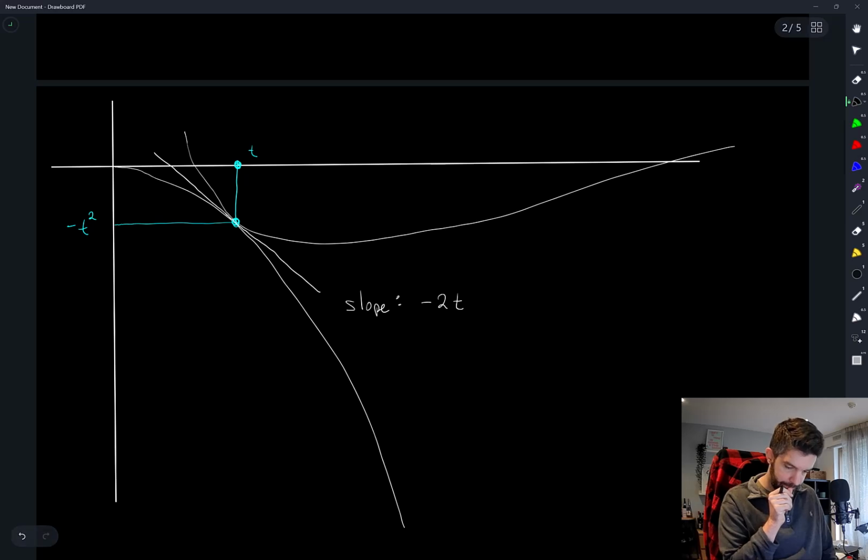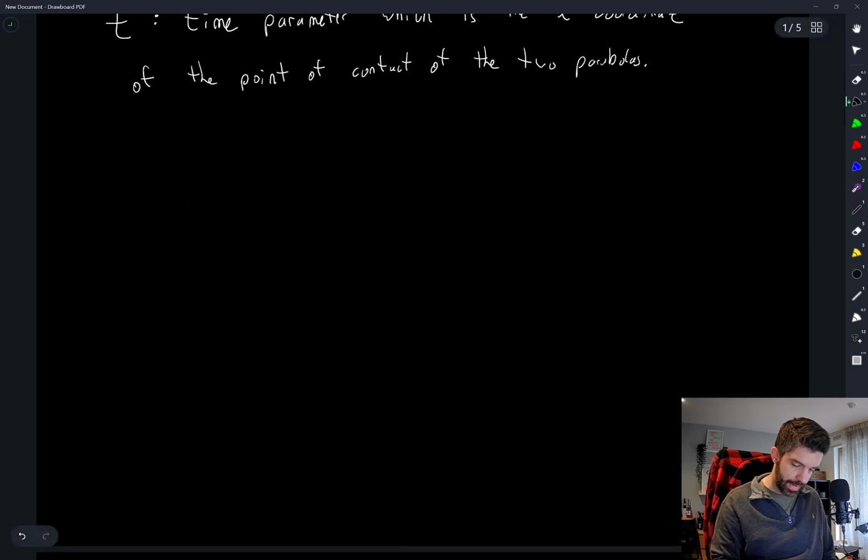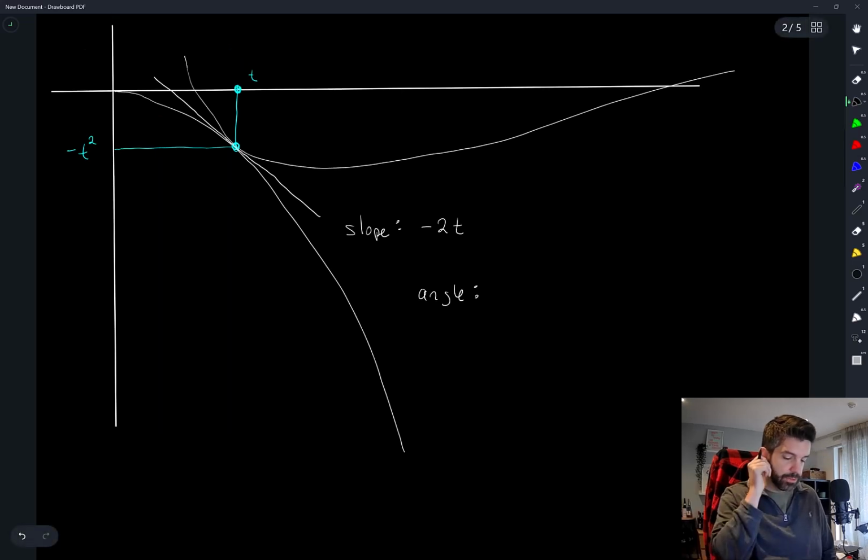And so its angle, and I'm using the standard convention of angle with respect to the horizontal axis.